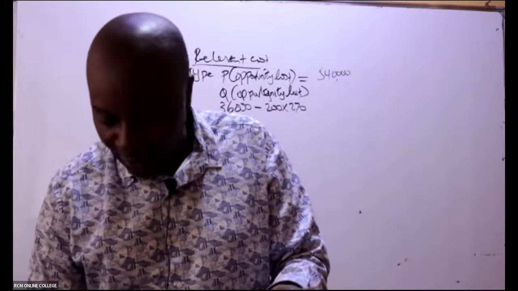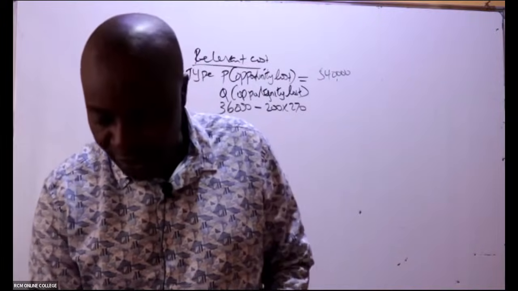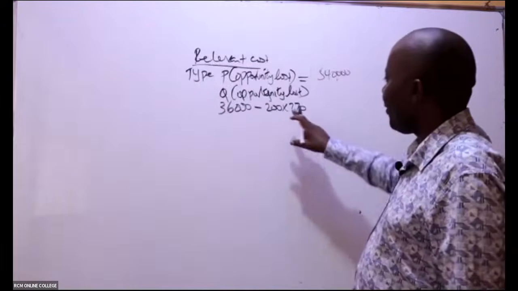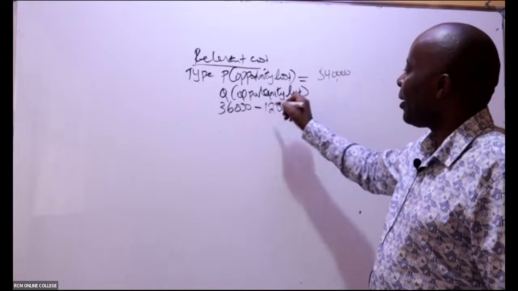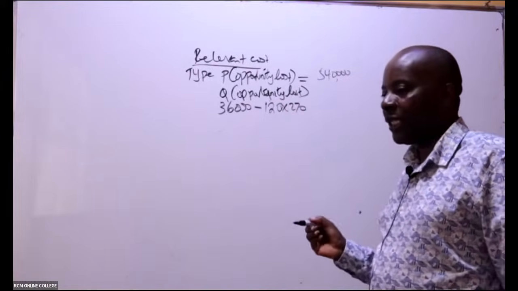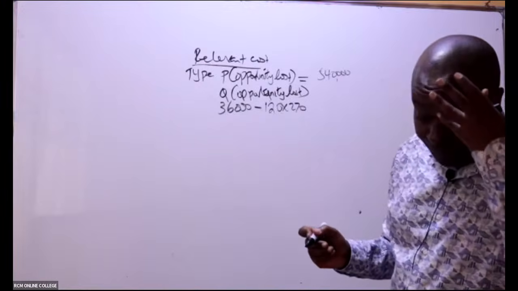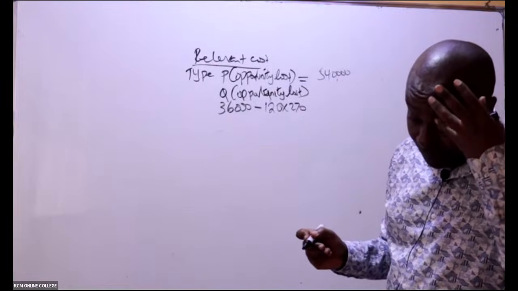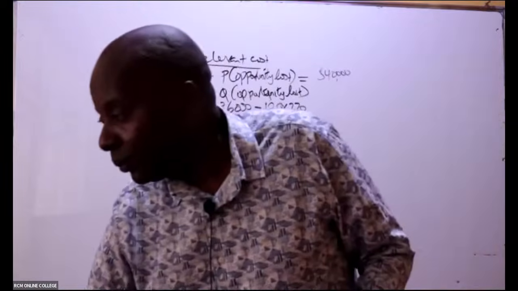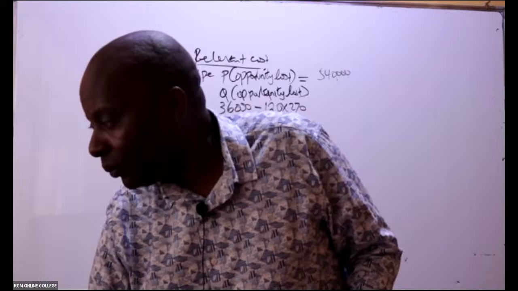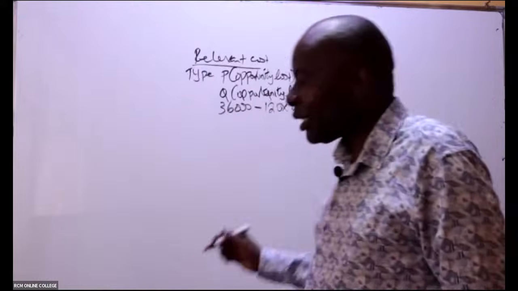Actually it's 120 times 270. So then that gives me what here, somebody? So the income there will be 327,600.